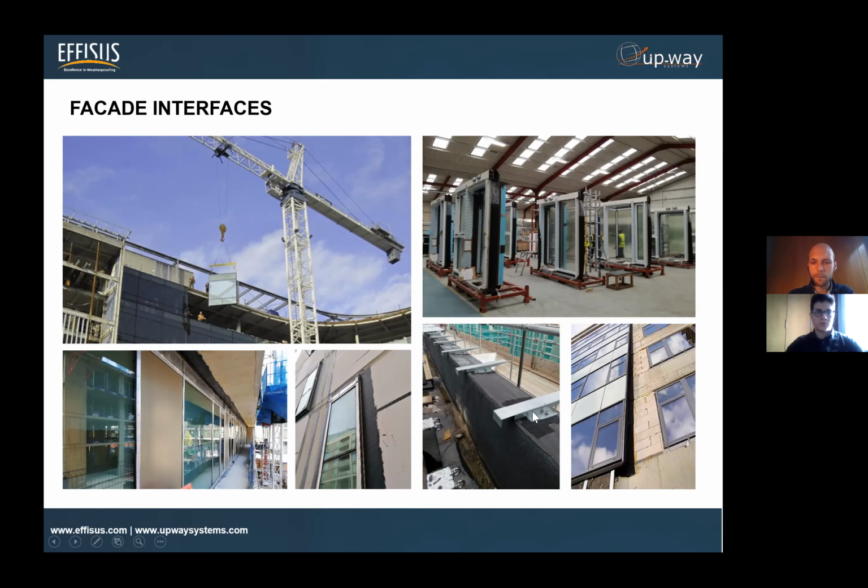But you can also find this kind of connection here. So floor to floor, you may have connections between windows and the slab, for instance, or windows and the opaque facade. In this case, it's the rain screen cladding, and you're just adhering your window to the CP board or to the silicate board.